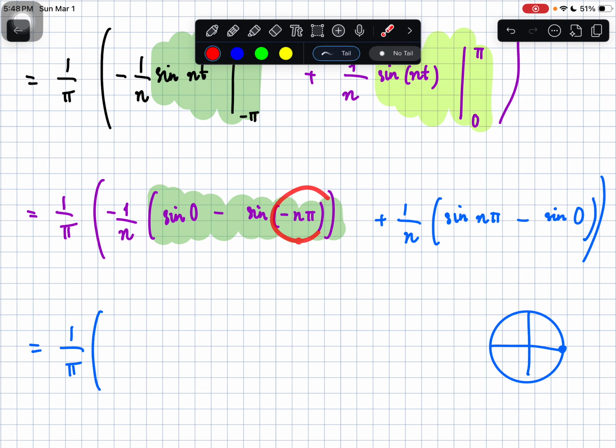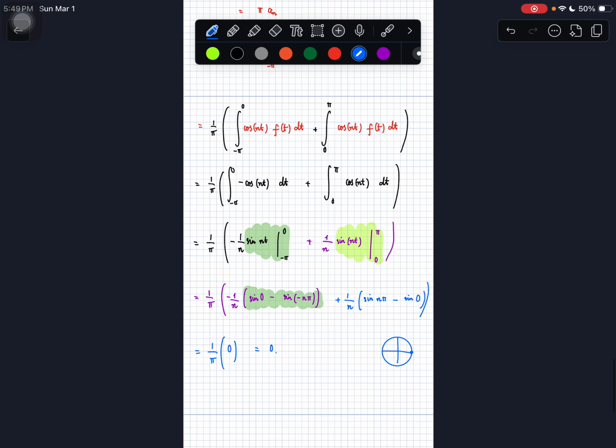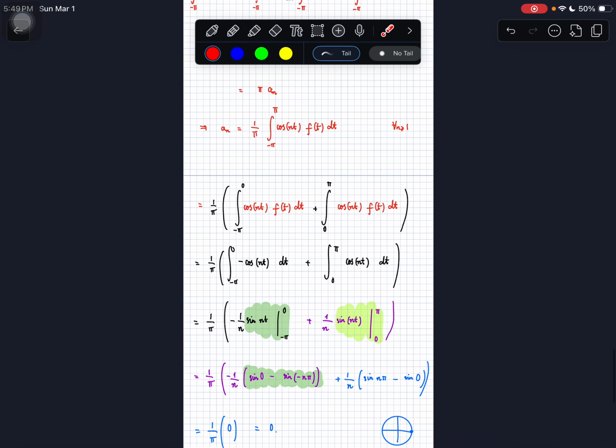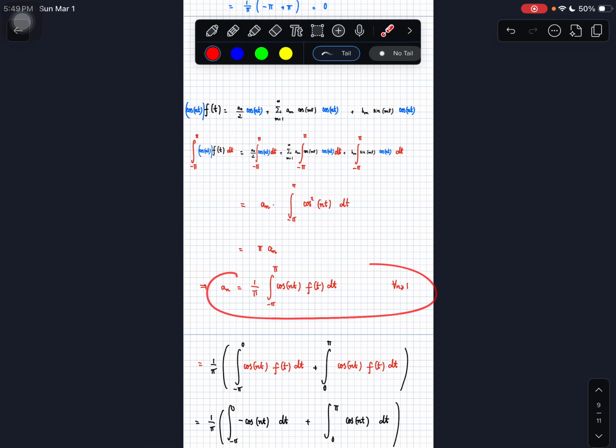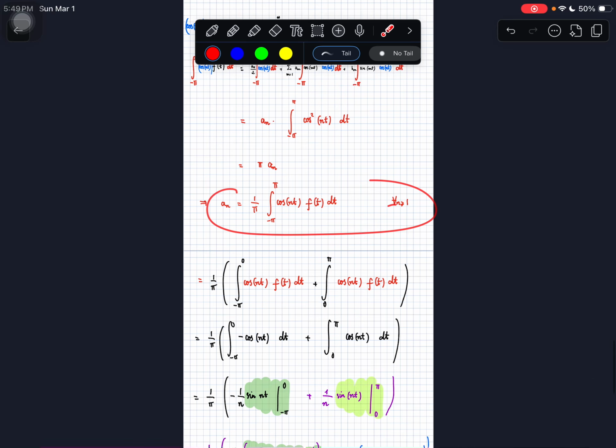Psi minus n pi, minus 1 pi, minus 2 pi, they are all 0. So these terms are 0, 0, 0, 0. This one term is 0. So for any n greater than 1, all of these are 0.